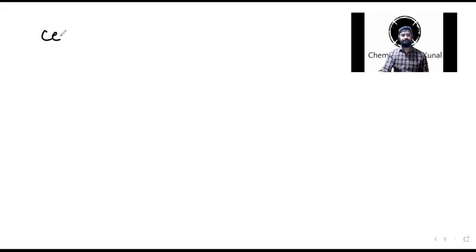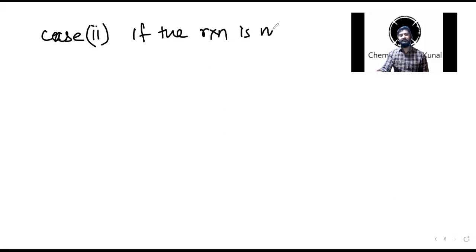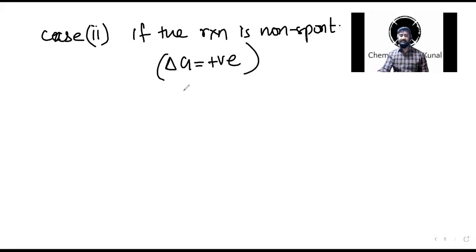Case 2. If the process is non-spontaneous, how do you know? For a non-spontaneous process, delta G will be positive. We know that from thermodynamics, class 11 chapter number 6.